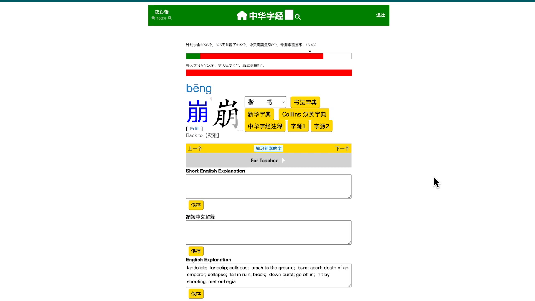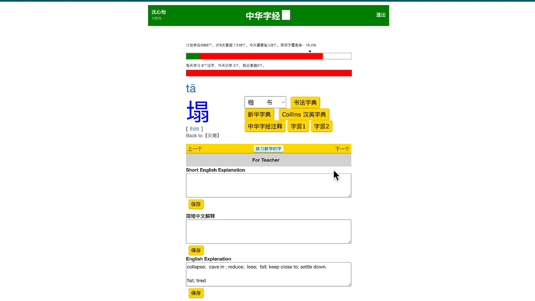That is the reason, and so they use 崩 to refer to the emperor's death.